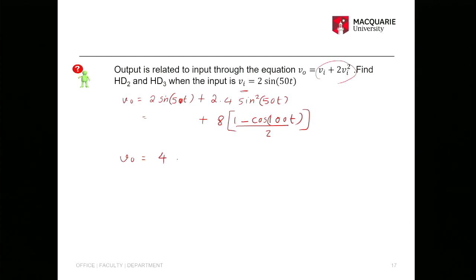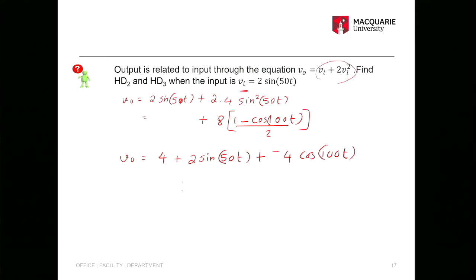And now the fundamental or first harmonic is 2 sine 50t, and the second harmonic is minus 4 cos 100t.